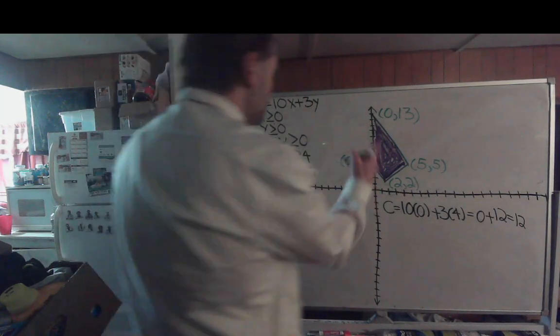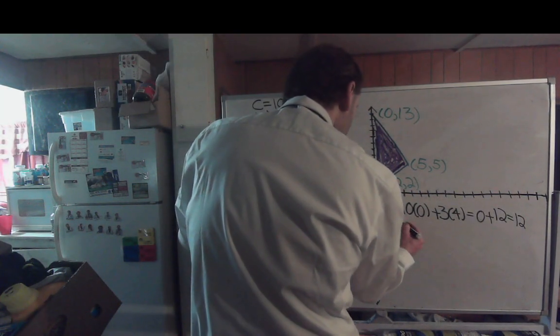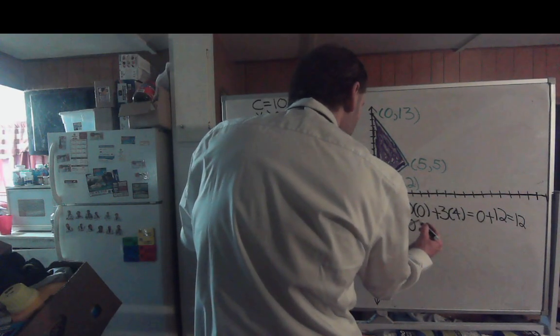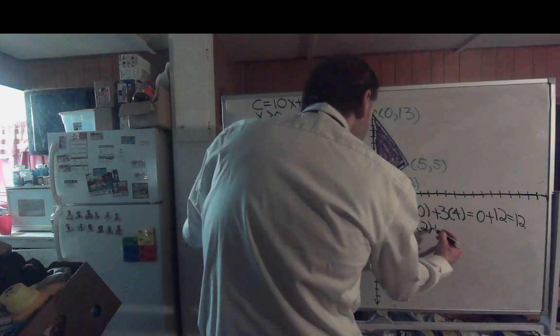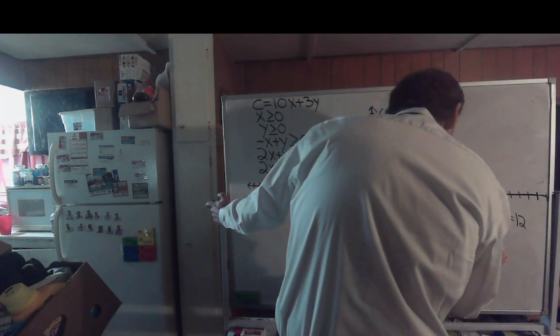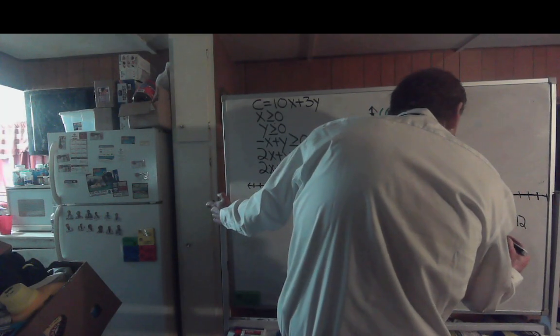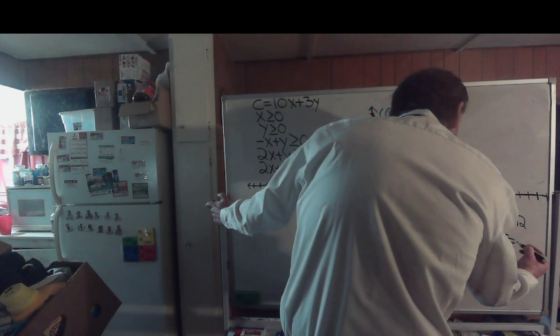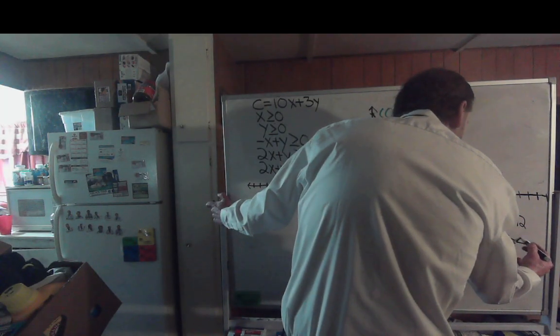Now take 2, 2. C would equal 10 times your x coordinate of 2 plus 3 times your y coordinate of 2, which would end up giving you 20 plus 6. That'll give you 46.